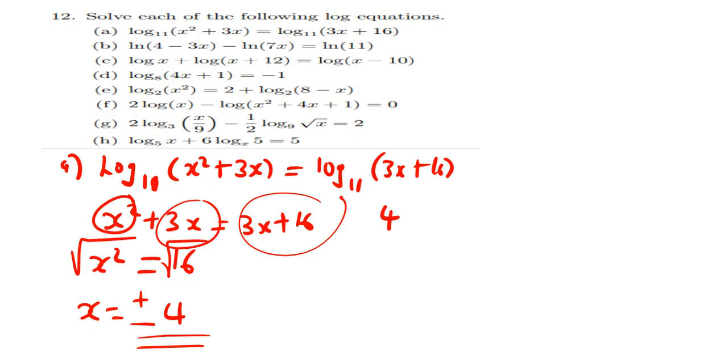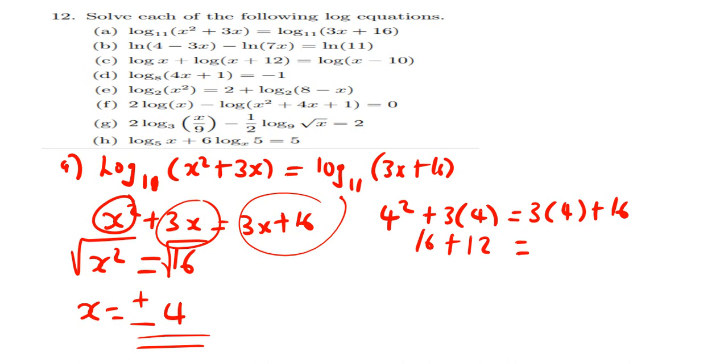We're going to have 4 squared plus 3 multiplied by 4 is equal to 3 multiplied by 4 plus 16. 4 squared is 16 plus 12, and this is 12 plus 16. So you're able to see that this just gives us the same answer.